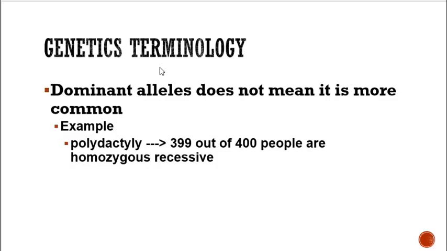within a population. So we have here the example of polydactyly. Polydactyly refers to having more than 5 fingers or more than 5 toes. And therefore, most of us have 5 fingers and 5 toes. And we have the genotype of being homozygous recessive.